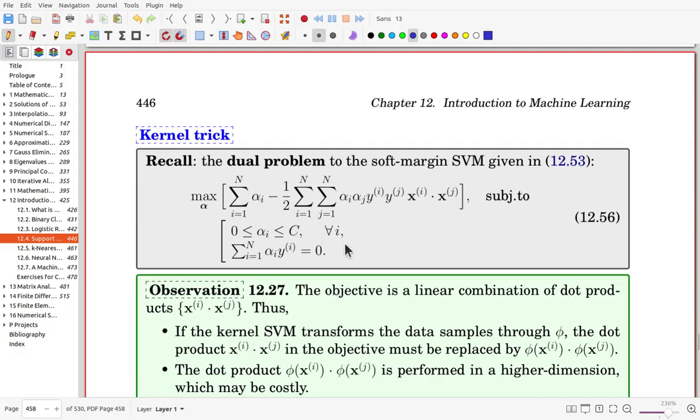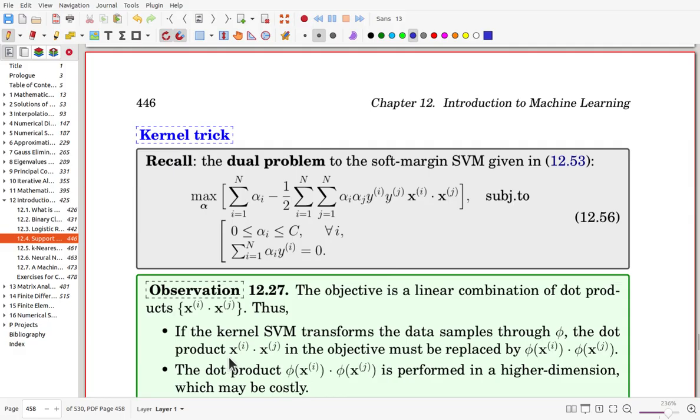Now that's the problem we have to solve. Here, this one involves the xi, xj dot product. Once we consider the feature expansion onto a higher dimensional space, after expansion we have to make a dot product in the same way.